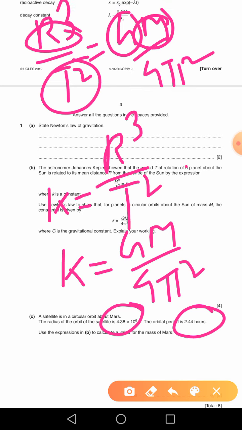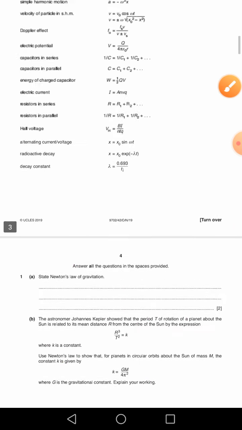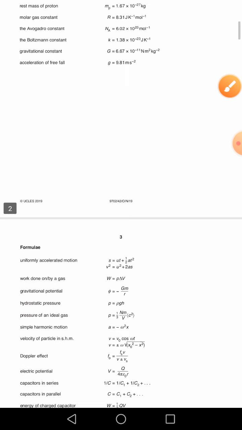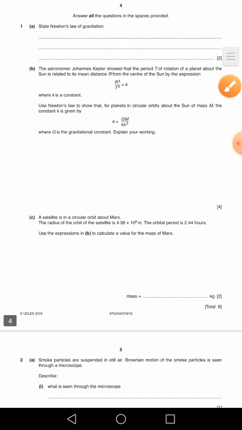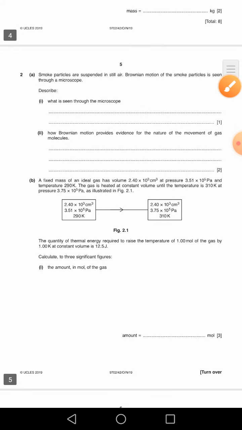Now just put these values to find the value of M, okay. So you have to find the value of M, and all the values you know. Now just find the value of M. Look, I think the value of G is given over here, okay. So that's question number 1.